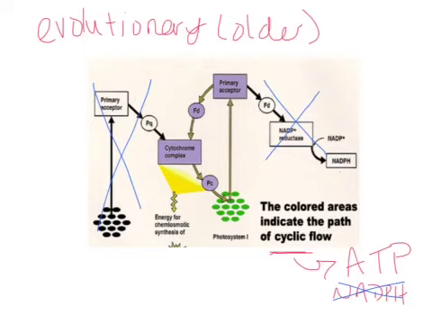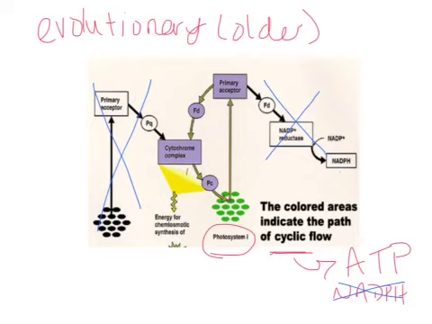With cyclic electron flow, it's only using photosystem 1, and the electron is recycled. The light energy excites the electron, but instead of traveling down this electron transport chain to form NADPH, it jumps into the middle of the electron transport chain between photosystem 1 and photosystem 2.